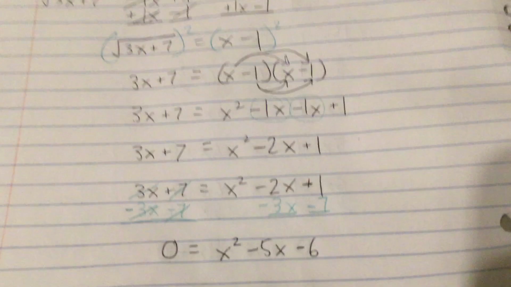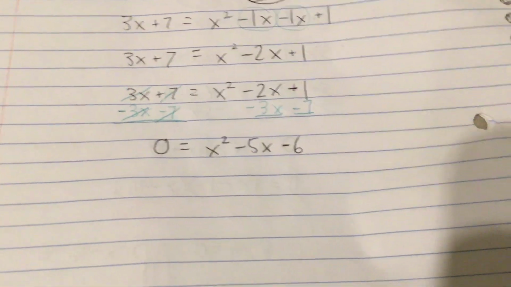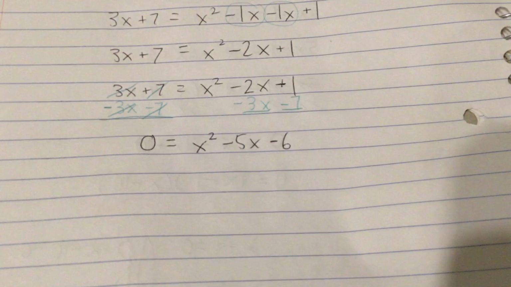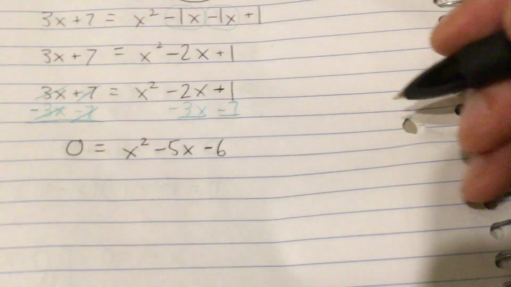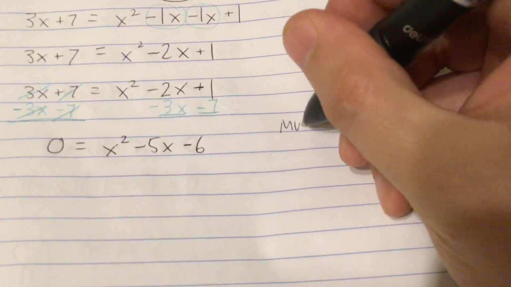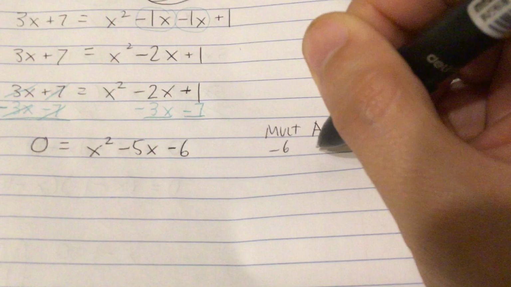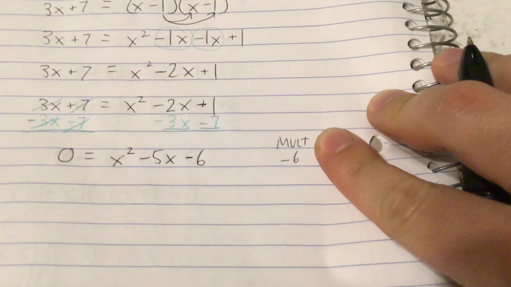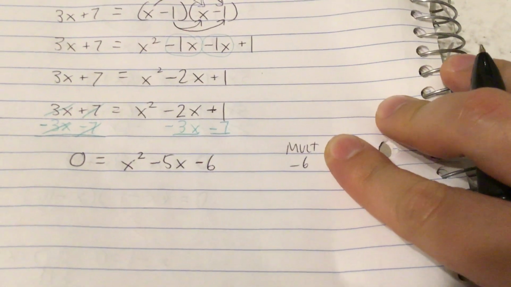Ooh, this is a different case. So now we've got x squared minus 5x minus 6. What two numbers multiply to negative 6 but add to negative 5? If you need the visual on the side, I'll happily oblige. If it multiplies to make a negative, we have no choice but to say it's a positive-negative combination.